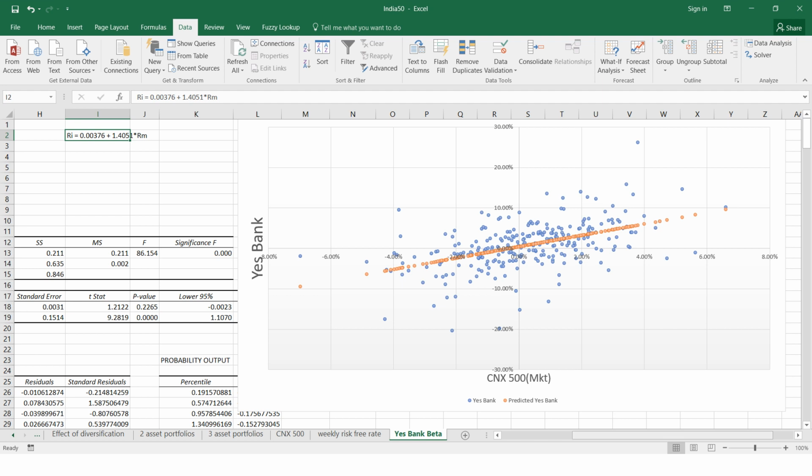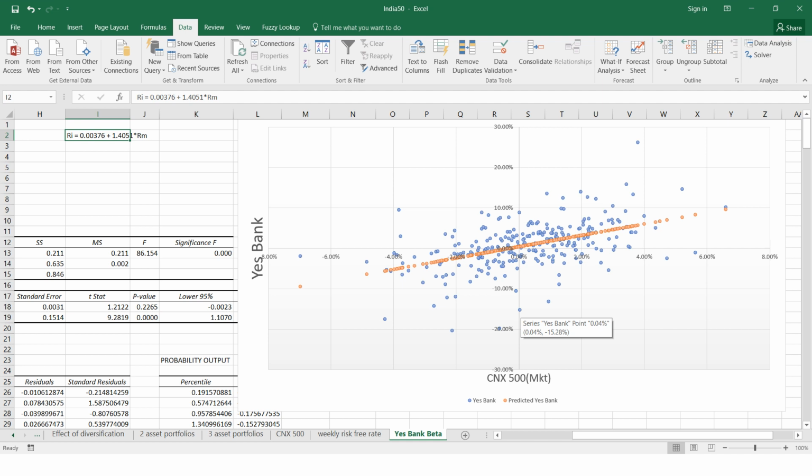So for example, for a particular point Yes Bank had a return of 0.04%, whereas the market went down by 15.28%. Sorry, it's the other way around. Yes Bank went down by 15.28%, whereas the market increased by 0.04%.